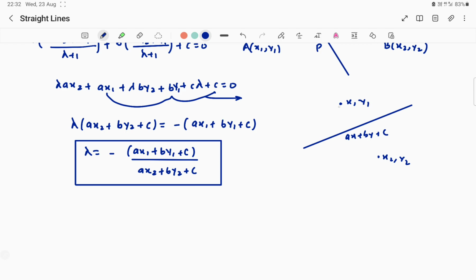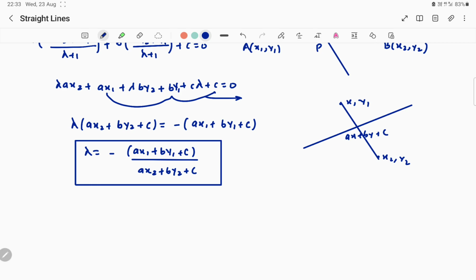So if one value is positive, the other is going to be negative. Overall their ratio will be negative, and there is a minus outside, so it becomes positive. So you get a positive value of lambda, and from there we can conclude that it is internal division.